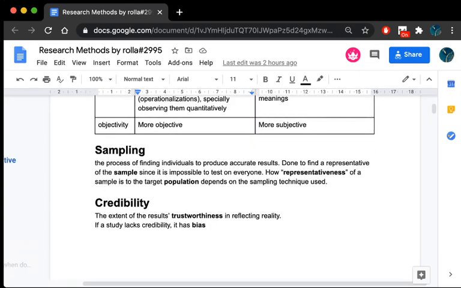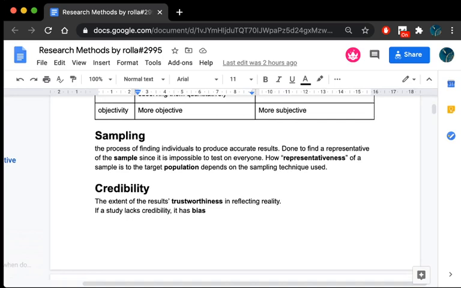So sampling is basically a way to find individuals to produce accurate results, like a technique to do so. Remember that it's important for you to find a representative sample for your experiments, for your studies, because you're going to have to use these data to explain your theories and to talk about your target population.